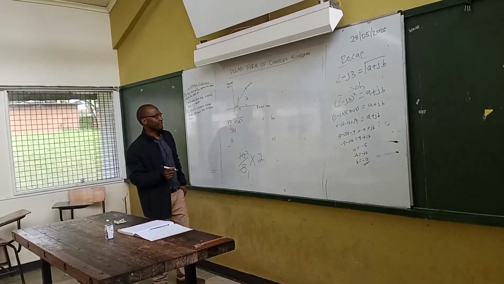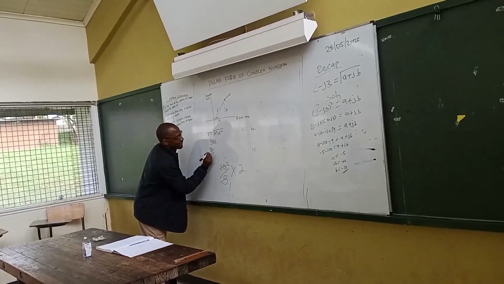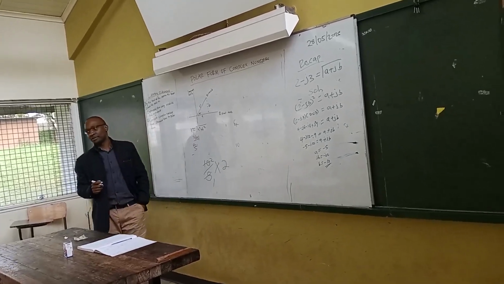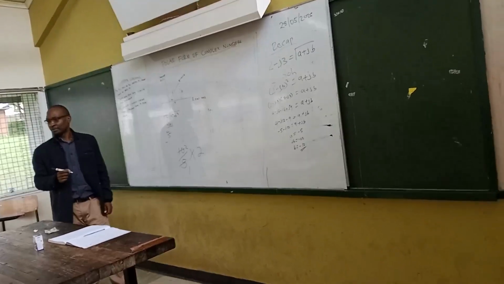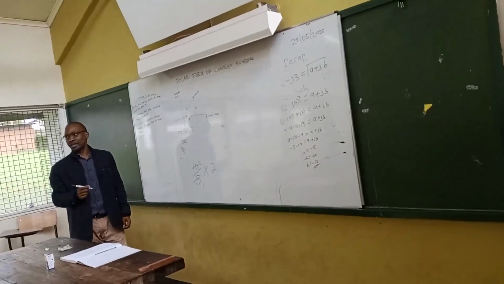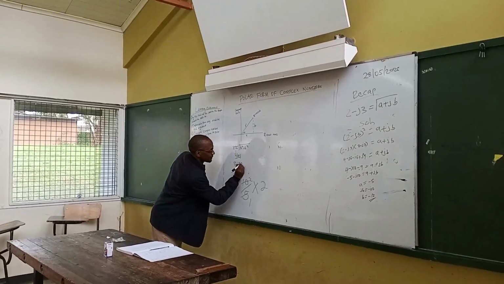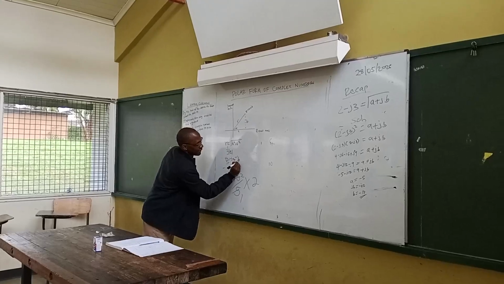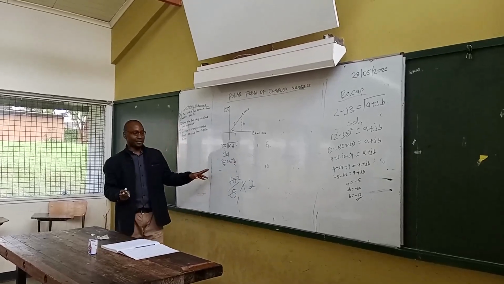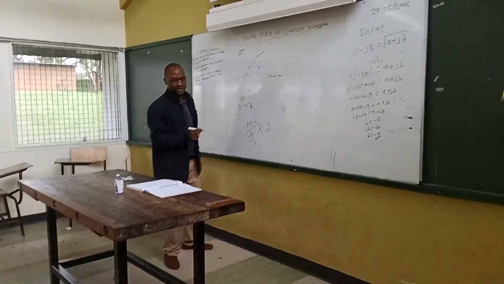Then you have this angle here, theta. How can you get the theta here? Using the formula of SOH CAH TOA, we can use tan. Tan inverse of b over a. Right? So this is what we call the argument.